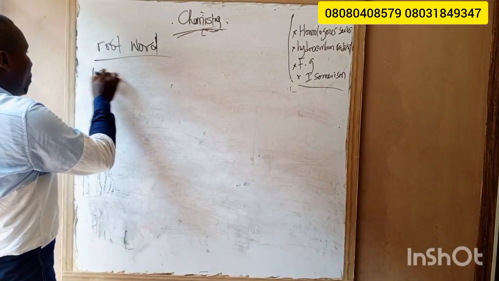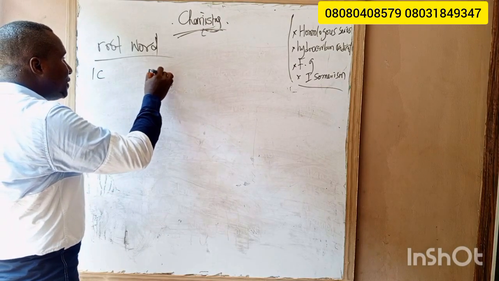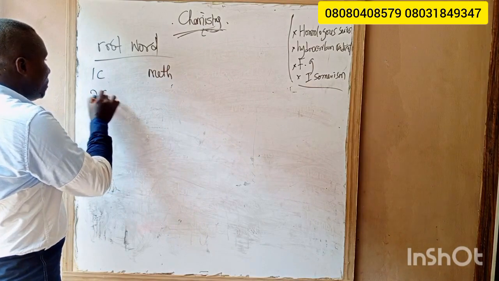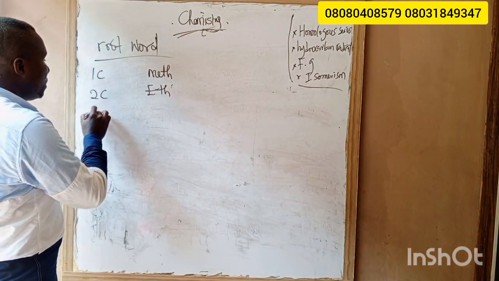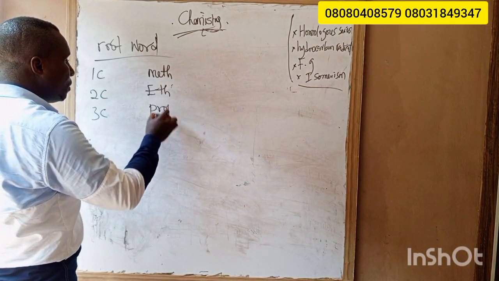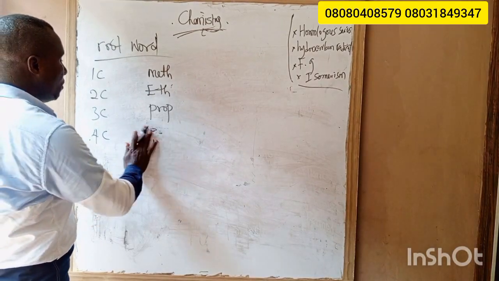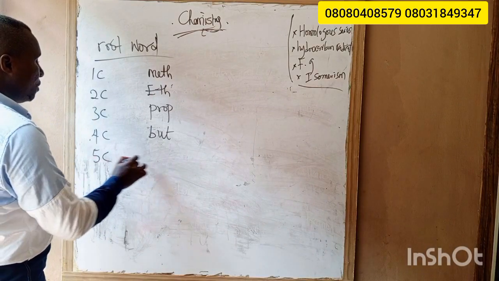When you have one carbon, the root word is meth. Two carbon, the root word is eth. Three carbon, prop. Four carbon, but. Five carbon, pent.